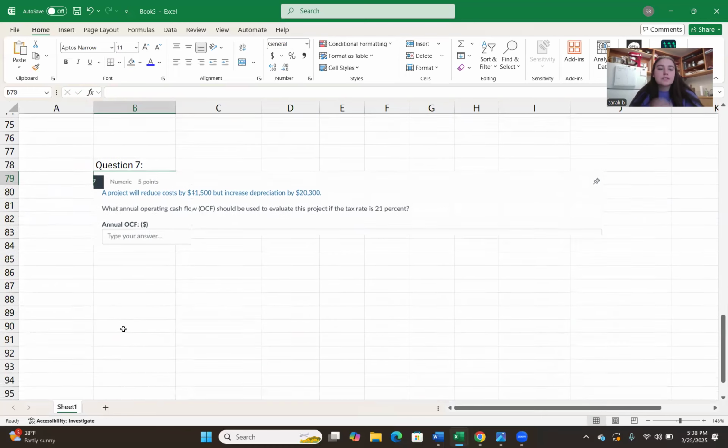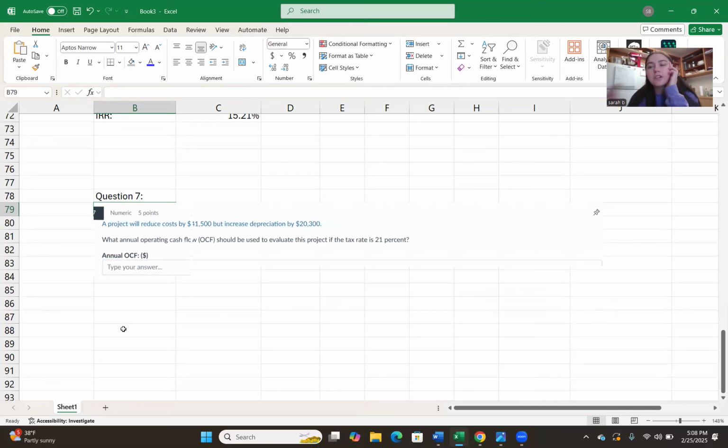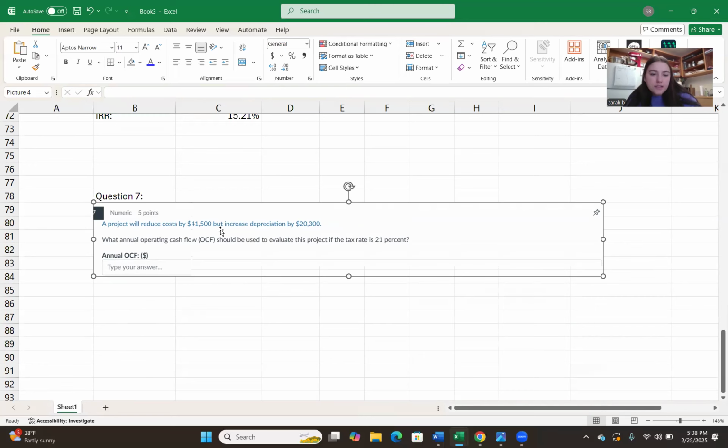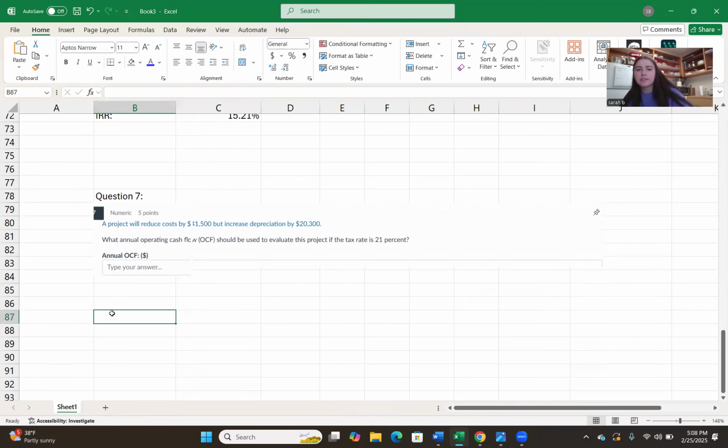And we've got 2 minutes left, so I'm going to try to finish this question, then everyone hop back on the Zoom, okay? So this is weird because it's asking about our operating cash flow, but it gives us 2 numbers. So what the heck? What I would do, if you're confused about this, is make up some numbers and just see how much the operating costs increase.